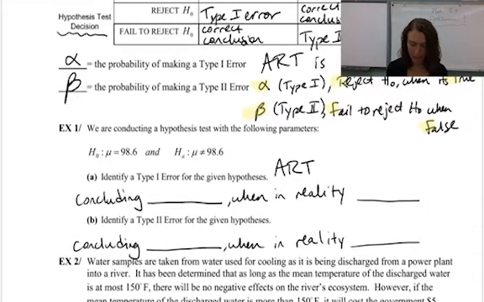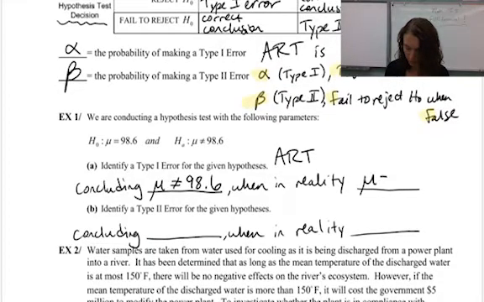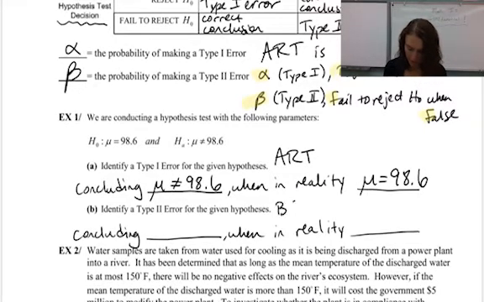So if I reject H naught, I'm going to conclude that mu does not equal 98.6, when in reality, H naught was true, mu did equal 98.6. And then type 2 error, BFF, beta, fail to reject. So if I fail to reject H naught, then I'm concluding that mu does equal 98.6, when in reality, H naught was false, so mu did not equal 98.6.